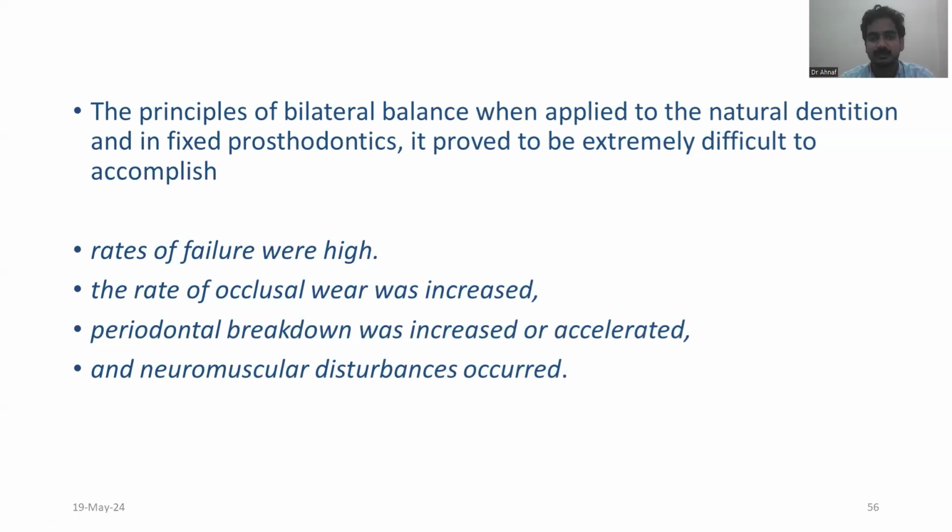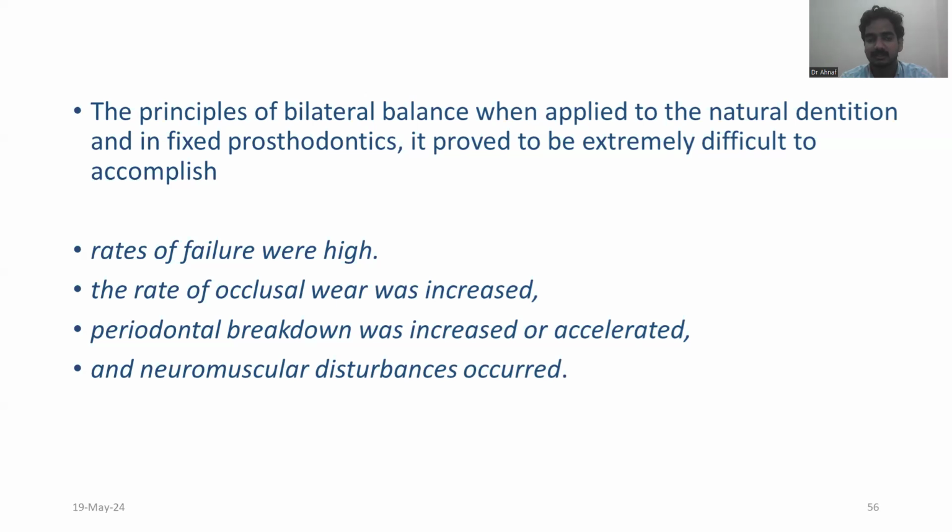The principles of bilateral balance, when applied to natural and fixed prosthodontics, prove to be extremely difficult to accomplish. First they introduced balanced occlusion in natural dentition also, but they met with a lot of problems. The rate of failure was very high, the rate of occlusal wear increased, periodontal breakdown was accelerated, and neuromuscular disturbance occurred. Why?